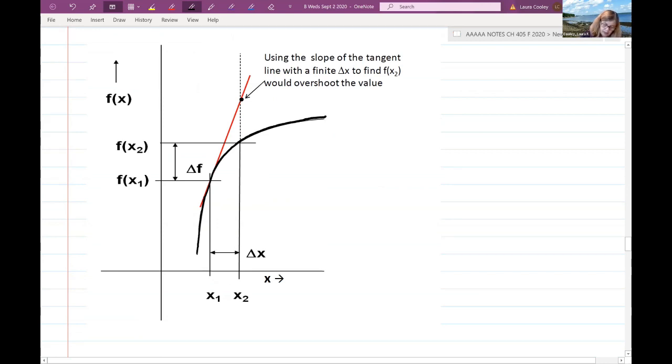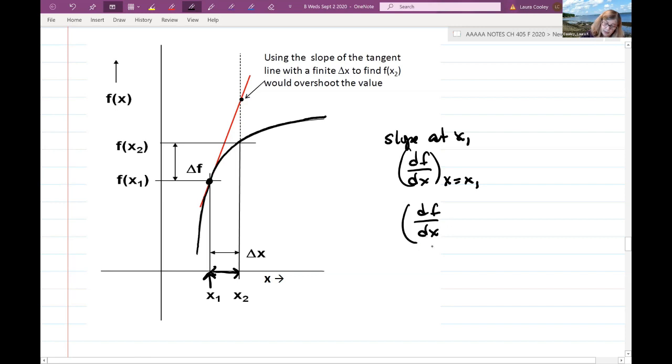Okay, and here's a value of x1 right here. And this is f of x1. So if I take the slope at x1, so df dx at x equals x1, and I multiply that slope by the change in x, times delta x, it's going to predict a value of the change in the function.